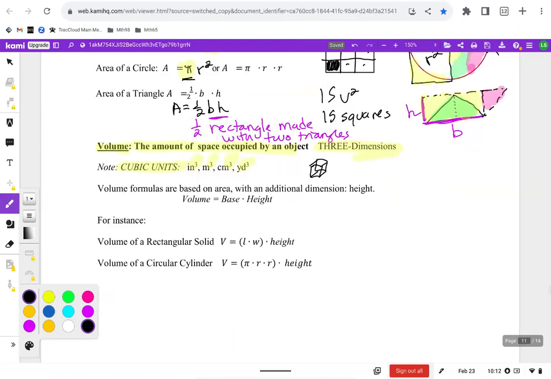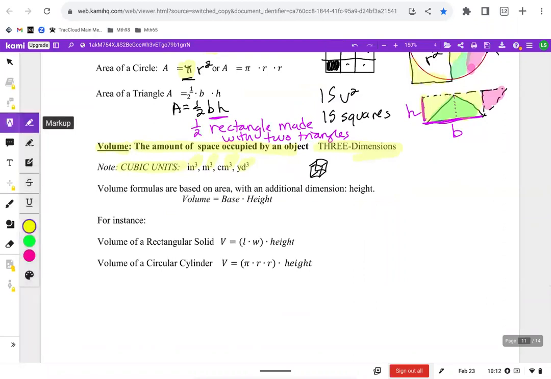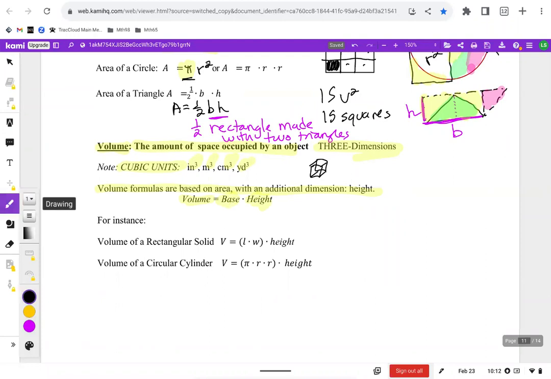All volume formulas are based on area with an additional dimension of height. So volume is always going to be equal to the base of the object times the height. So for instance, if we're looking at a rectangular solid, we have some base of the object that is a rectangle, length times width, and then we're going to add some height to that situation.